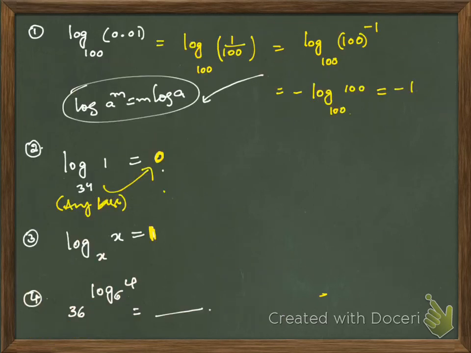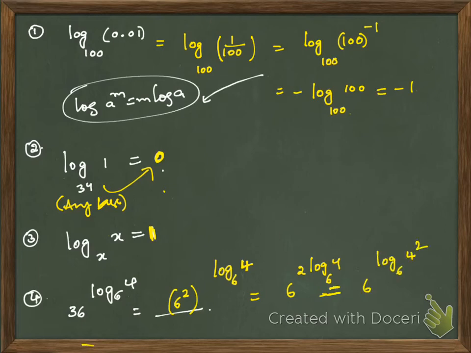Now according to that, this can be written as 6 square whole power log 4 to the base 6, that is equal to 6 power 2 log 4 to the base 6, that is equal to 6 power log 4 square to the base 6, that is equal to 6 power log 16 to the base 6, that is equal to 16.